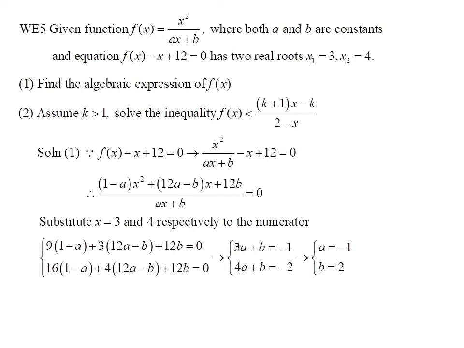Now, after solving the simultaneous equations, we obtain the values of a and b, and it can be seen that a equals -1, b equals 2. Hence, f(x) equals x squared over 2 minus x, where x is not equal to 2. This is the expression of f(x).